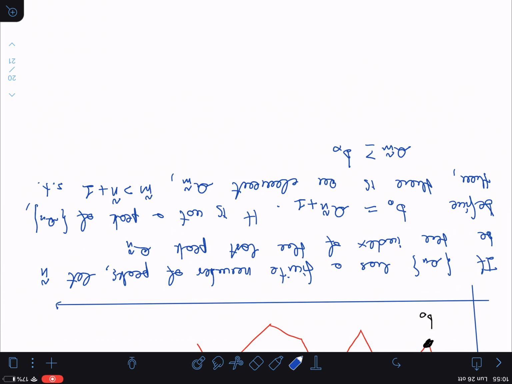So define b_1 equal to a_m tilde, then b_1 is larger or equal to b_0. And again, we go iteratively.